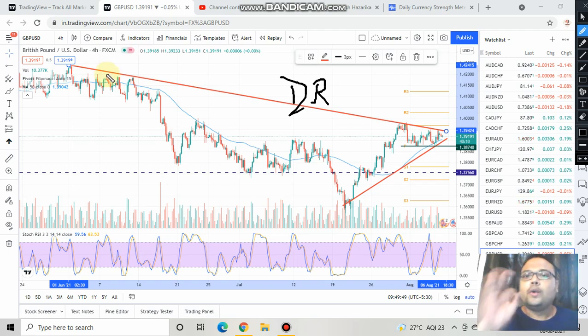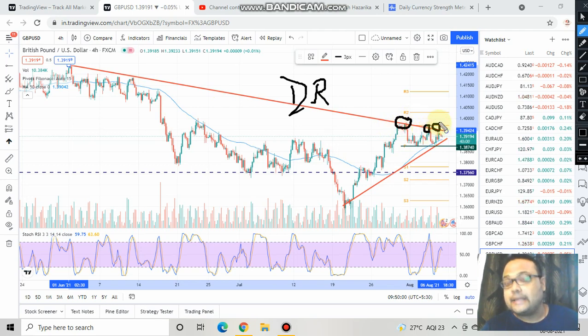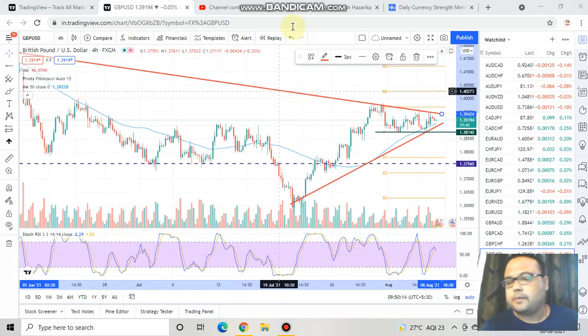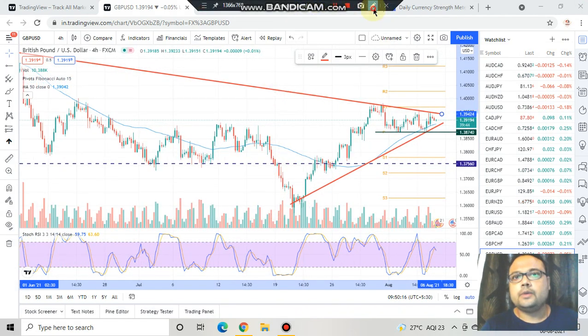Therefore, one thing is clear to us, that this trend line is a valid resistance for the market, and still this trend line is not allowing the market to go up that easily. Therefore, this is a dynamic resistance for the market, and I'll say that you must draw this line in your trading platform.